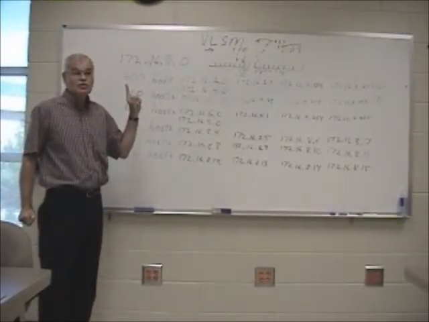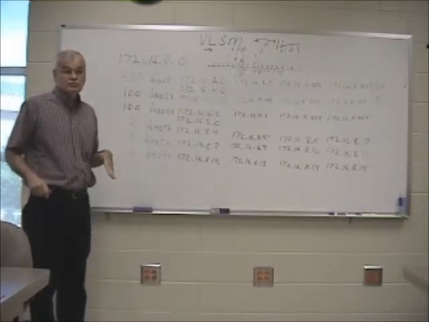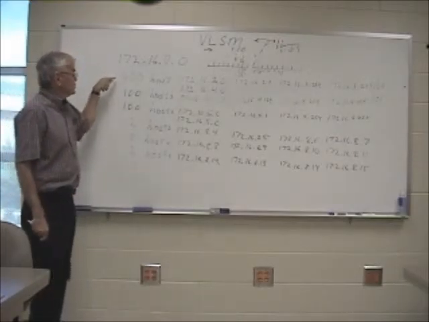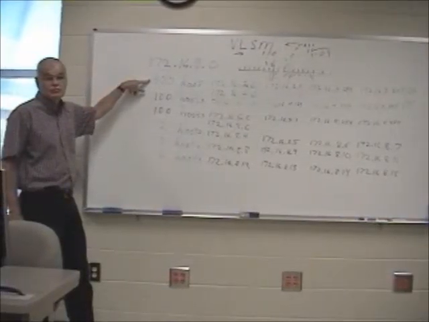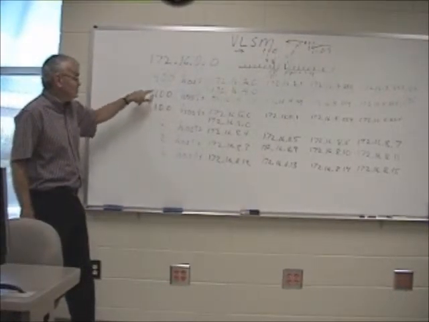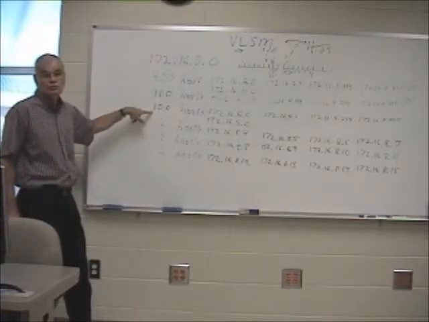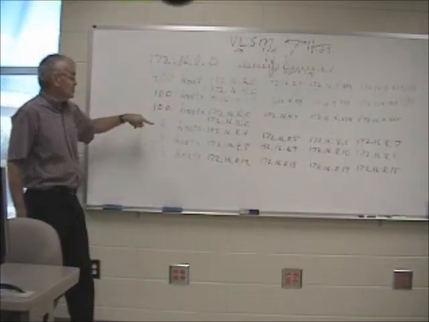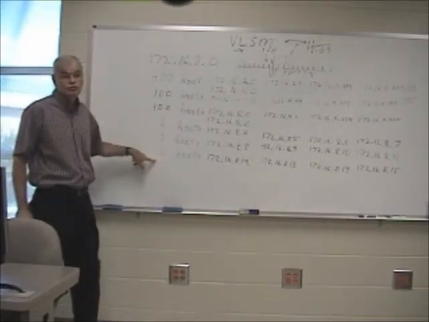So with VLSM, we can take and create variable length subnets. We created a subnet here that had 510 addresses. We've got subnets here that we created that have got 126 usable hosts. And we created 3 subnets here that have got 2 usable hosts each.